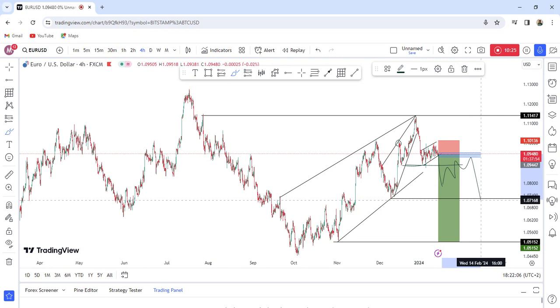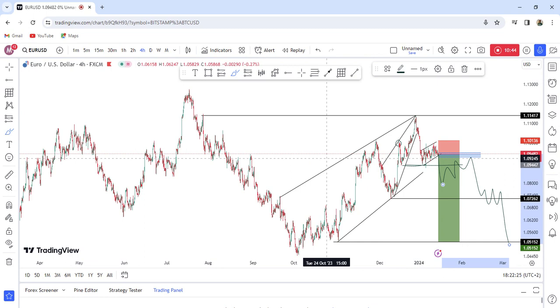We know that the price moves in a series of impulse and corrections, or when it comes to Falcon, a series of higher highs and higher lows on an uptrend, and a series of lower lows and lower highs on a downtrend.